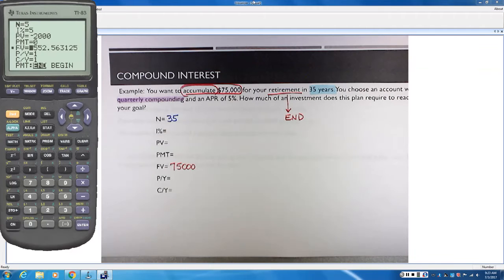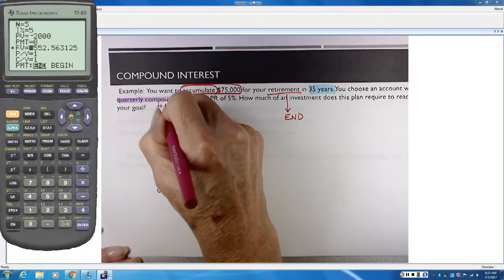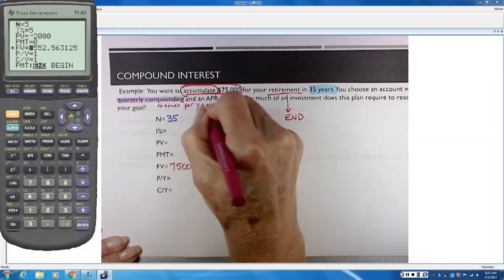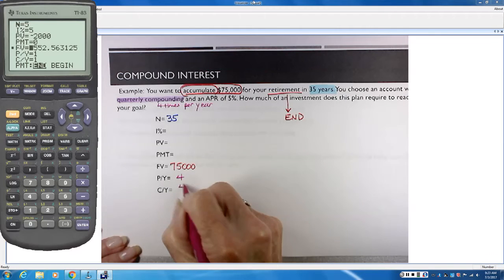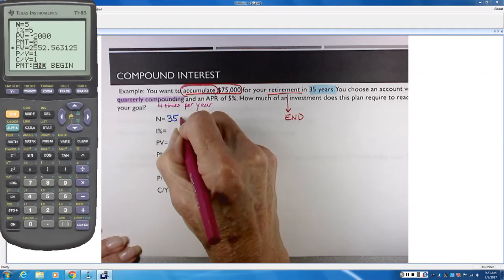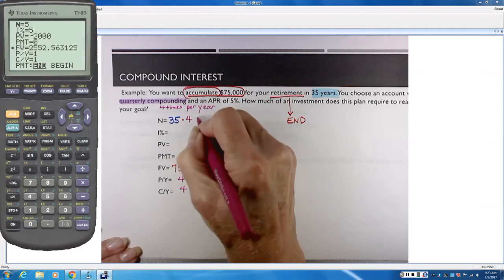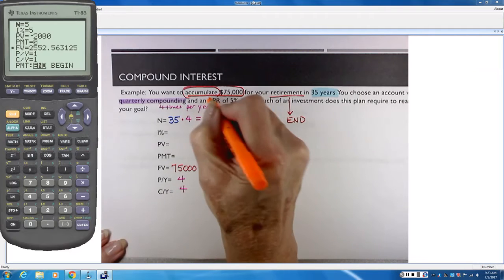That means 4 times a year. So P/Y is 4, C/Y is 4, and you multiply your N, your number of years, 35 times 4. And it says that you have an annual percentage rate of 5%.